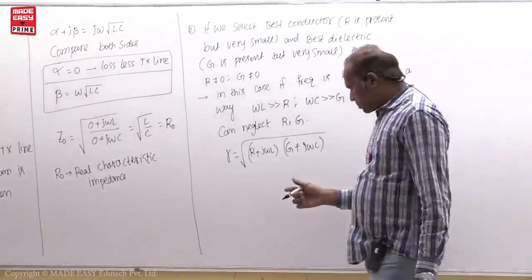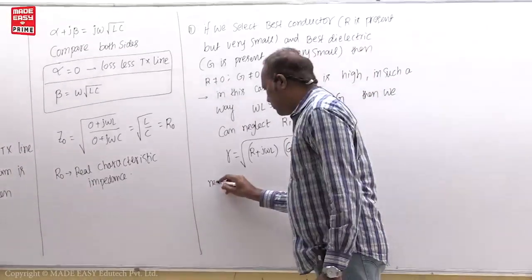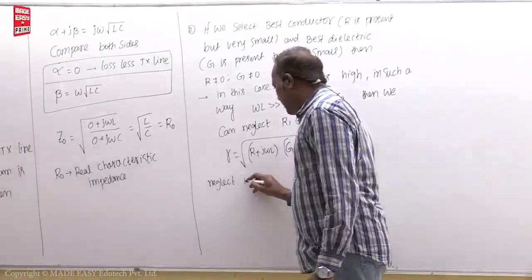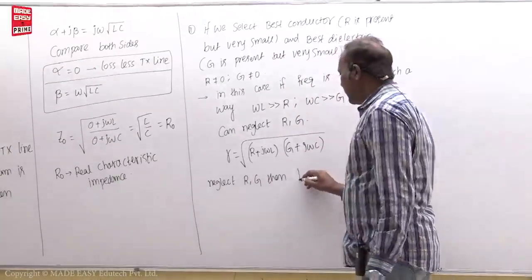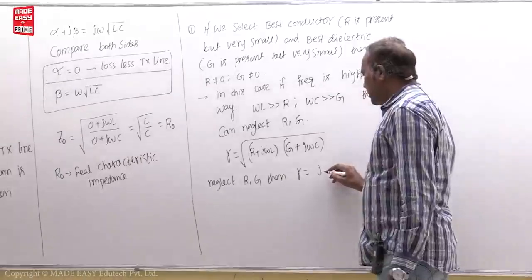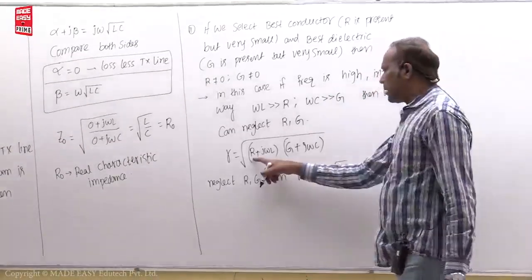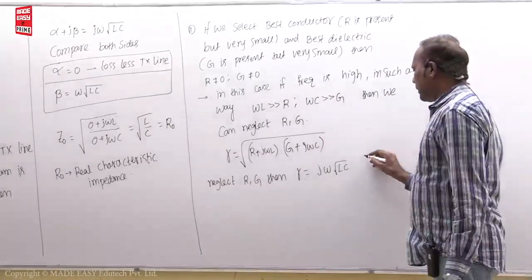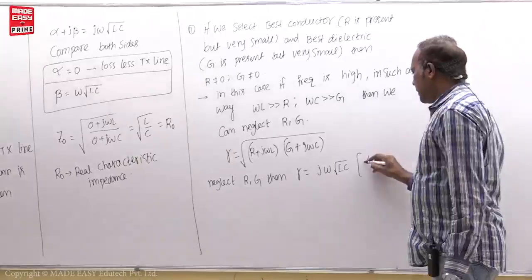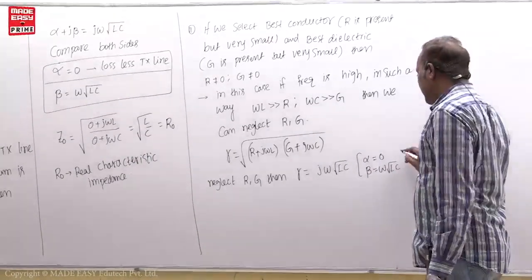So here neglect R and G, then once again gamma is nothing but j omega root LC. If you neglect R and G, that means you leave them. Once again you get alpha is 0 and beta is omega root LC.